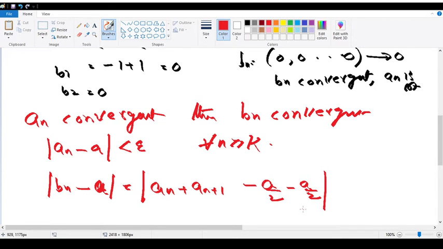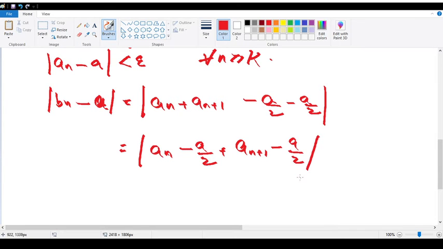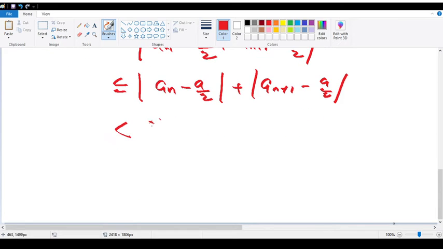That can be written as mod an minus a by 2 plus an plus 1 minus a by 2. So that is less than or equal to mod an minus a by 2 plus mod an plus 1 minus a by 2. So this will be less than epsilon by 2 plus epsilon by 2, so less than epsilon.